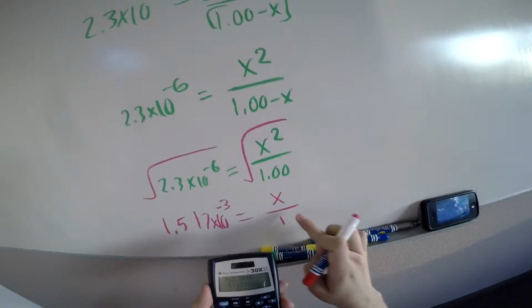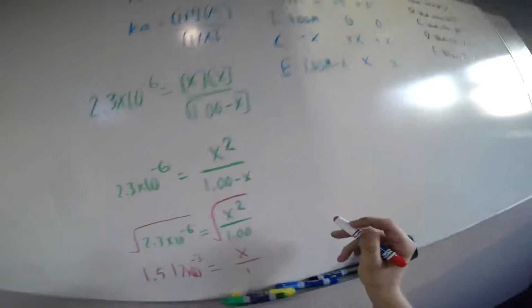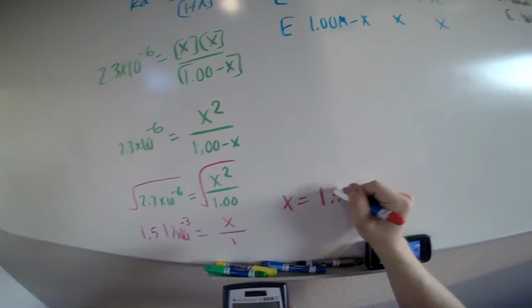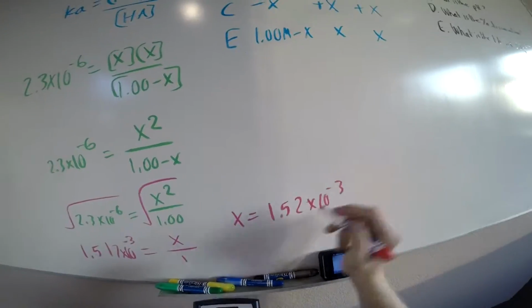Basically the denominator is 1, so we can confirm that x equals 1.52 times 10 to the negative 3.